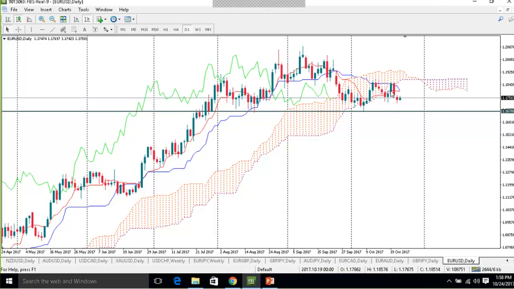And in most cases, the Ichimoku cloud can give us some early confirmation, some early signal that it will be this negative pattern. At this point in time, we can see that the blue line is above the red line.